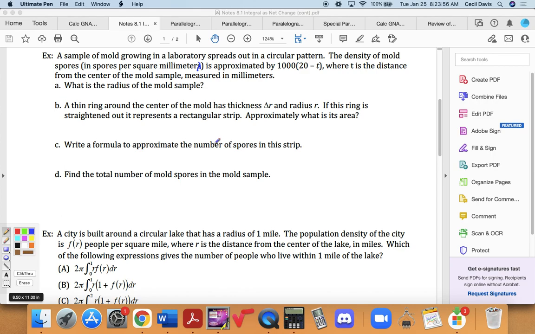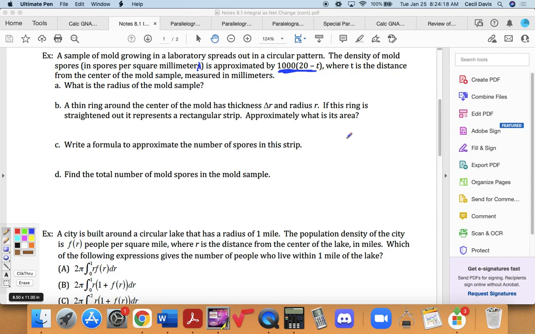The radius is less than 0. Think about that for just a second. There would be no circle, so there could be no spores. When is this equal to 0? At 20. Oh! So when it gets to 0, that's when you're out of mold spores.